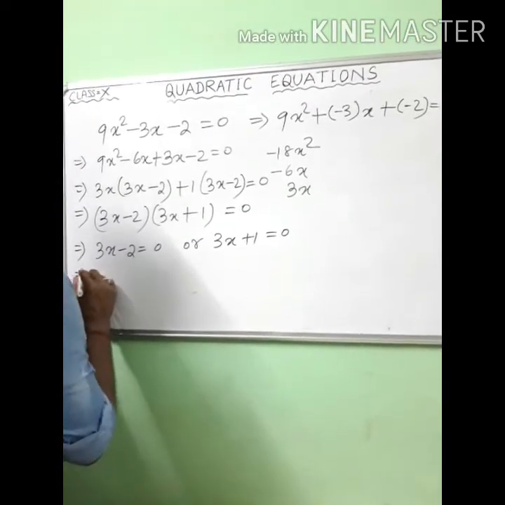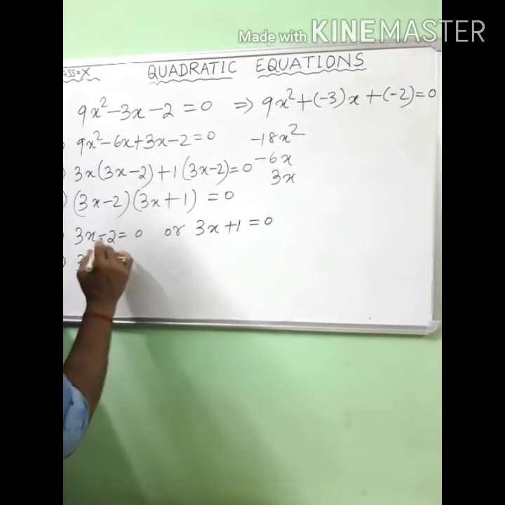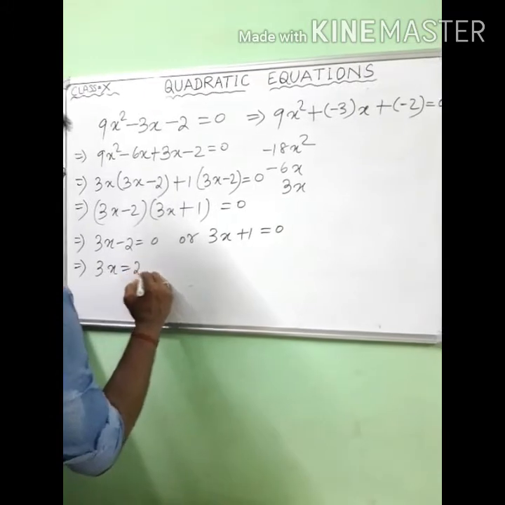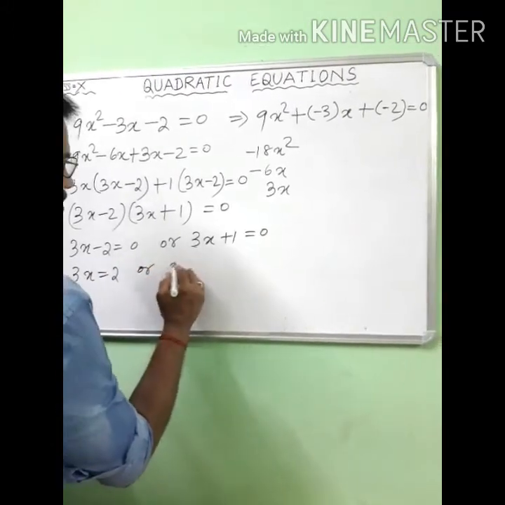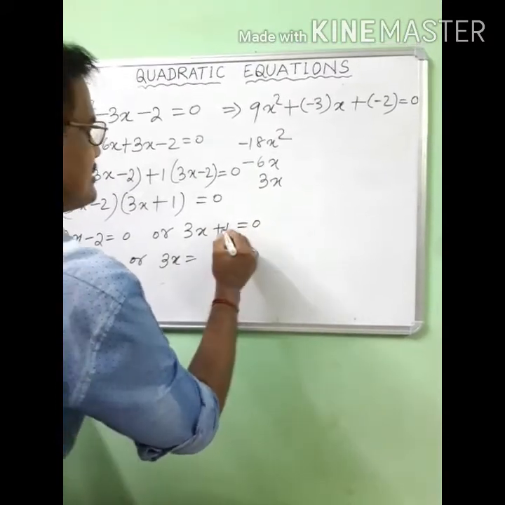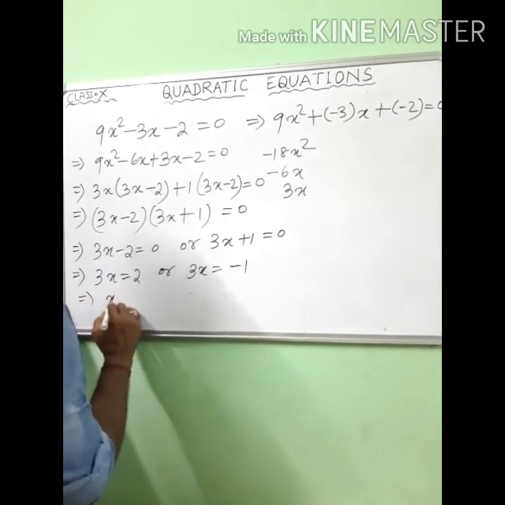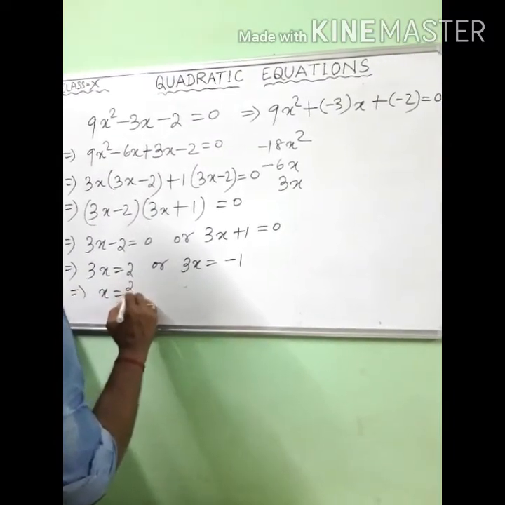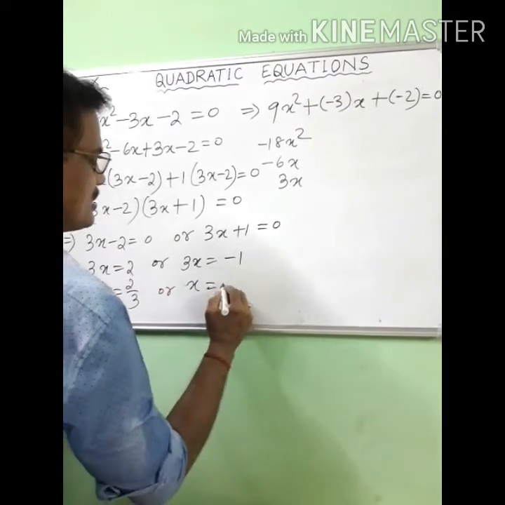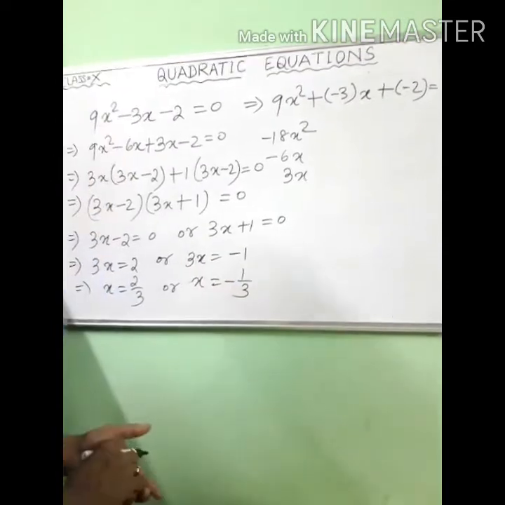Next, here 3x is equal to how much? Minus 2 will come to that side, that is plus 2. Or here 3x is equal to what? Plus 1 will come to the right side, that is minus 1. So x is equal to 2 by 3, or x is equal to minus 1 by 3.